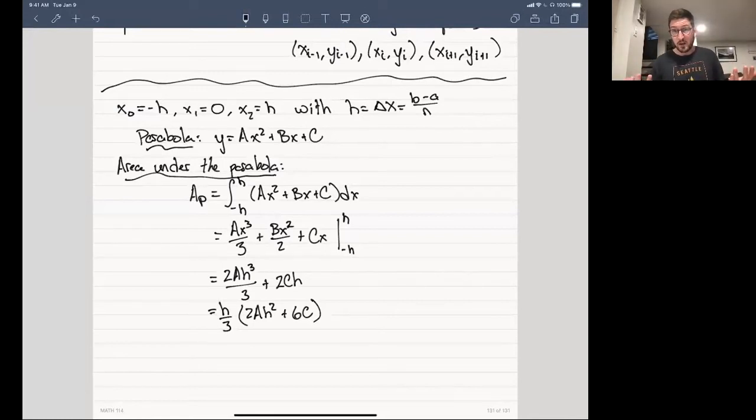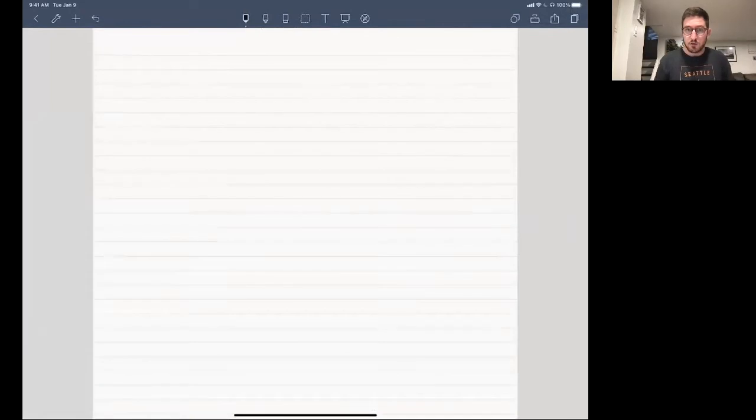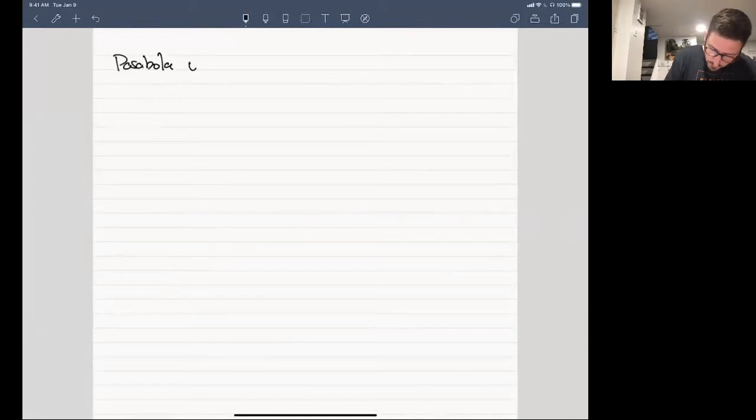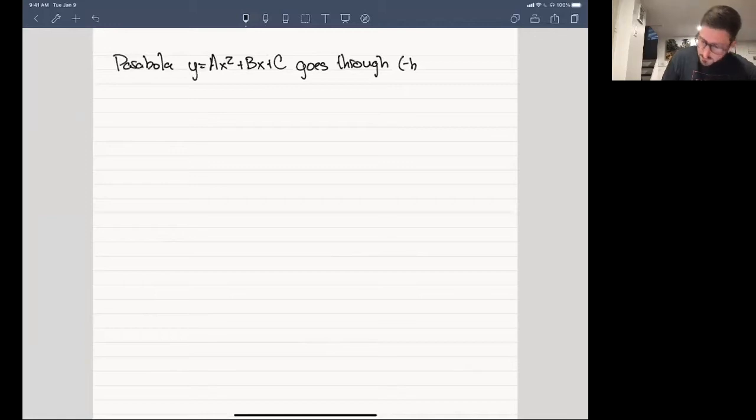But okay, that's just a straight integration. That's nothing too exciting yet. Let's figure out what a, b, and c are in this case. Since the parabola y equal to ax squared plus bx plus c goes through the points minus h, y0, then 0, y1, and h, y2, that's x0, x1, x2.